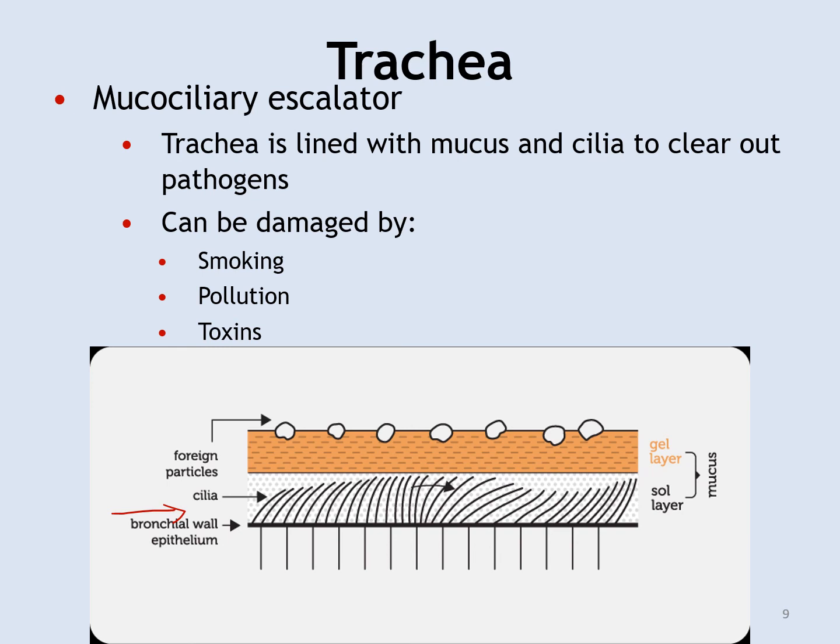They constantly sweep upwards, moving up your trachea up towards your throat, up towards your mouth. And as they wave and sweep upwards, they carry this layer of mucus on top of them. And this mucus traps bacteria, viruses, parasites, anything that shouldn't be in your lungs. It's going to get stuck in that mucus and carried up to the back of your throat.